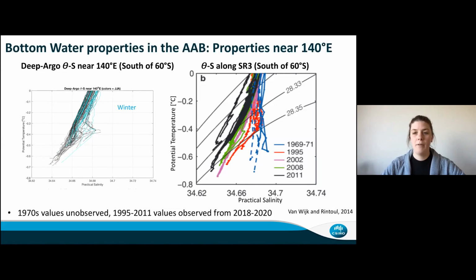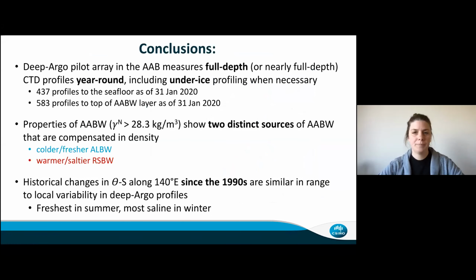That will allow us to put these long-term trends into a broader context. And so in conclusion, there's this really exciting array of deep profiling, full depth or nearly full depth, year-round under-ice data set of CTD profiles.